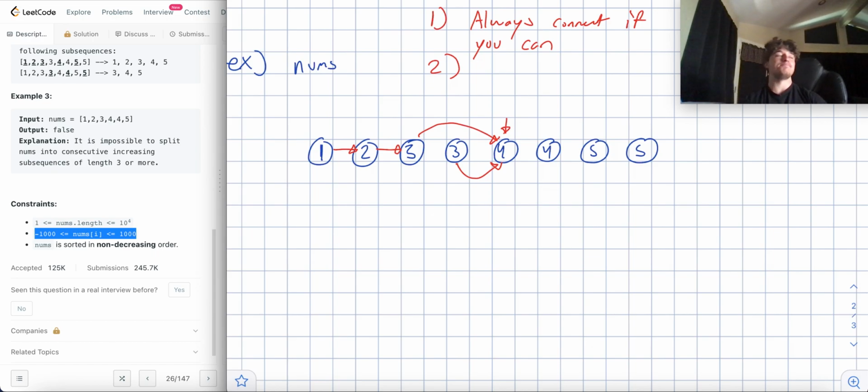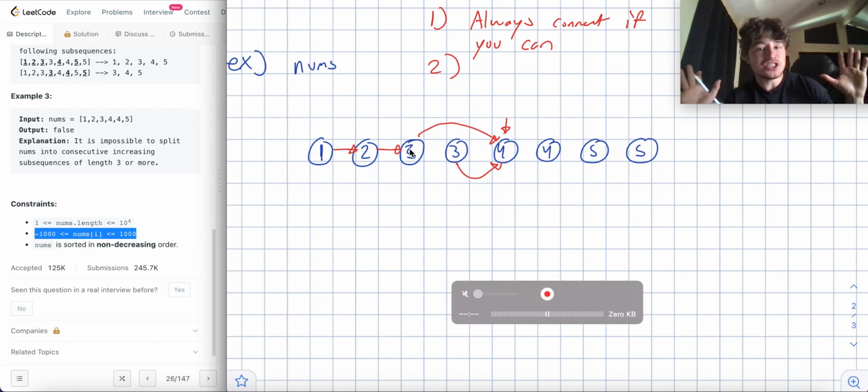Well, which one's better? Again, I'm kind of doing some hand-wavy things here. I'm not going to prove anything formally to you, but I'm trying to create subsequences that are at least of length 3. This 3 over here, he's good, right? This 3 already has 3 people in its subsequence.